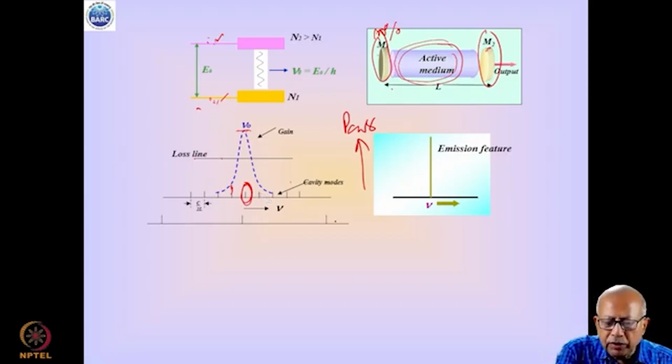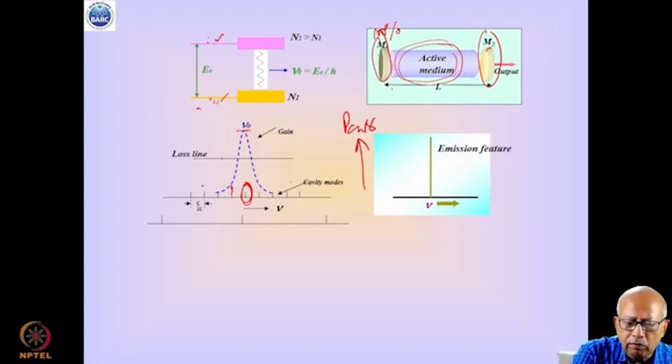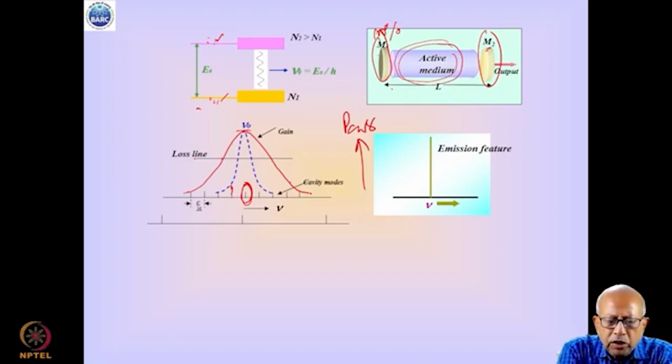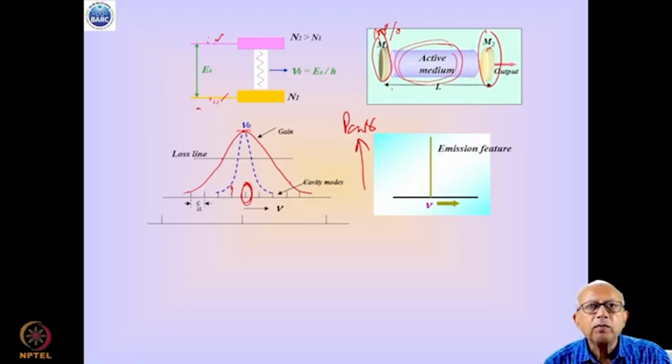So I have shown it here. So if this is the case and our gain is just as it was before, and now instead of reducing the broadening of the gain, we have increased the spacing between the modes by reducing the length of the cavity.